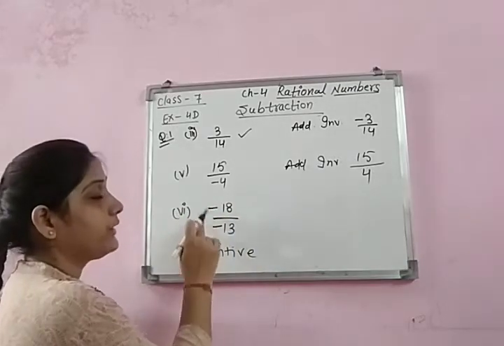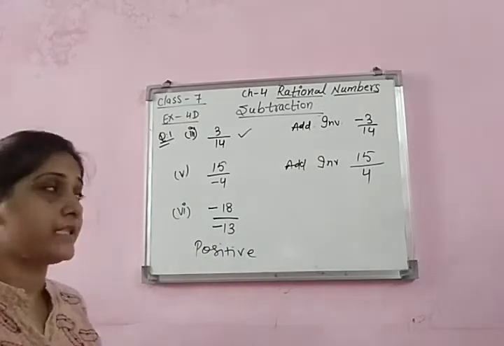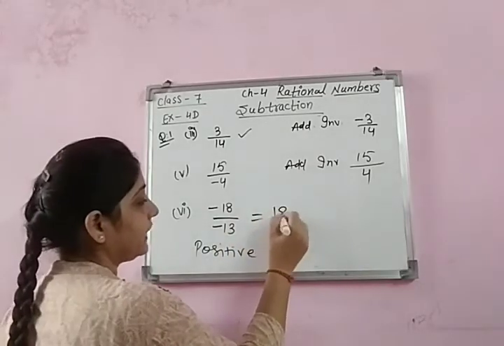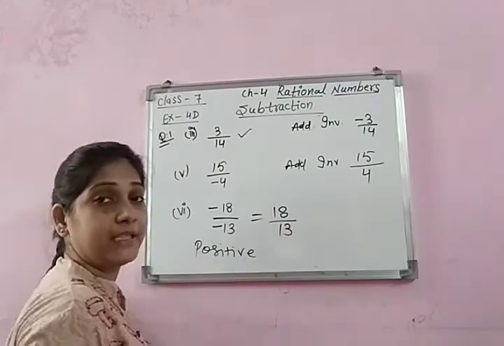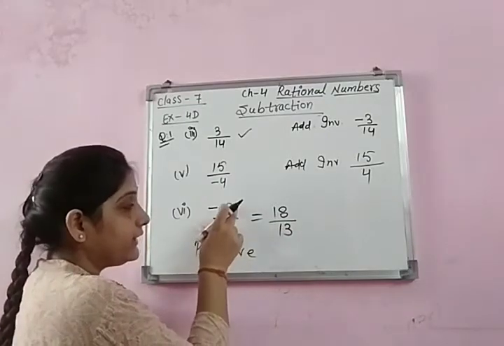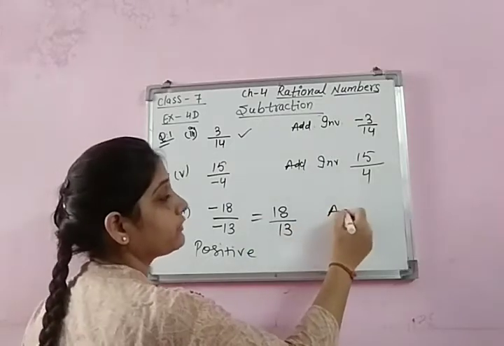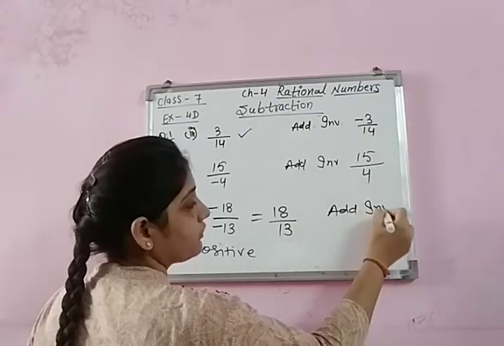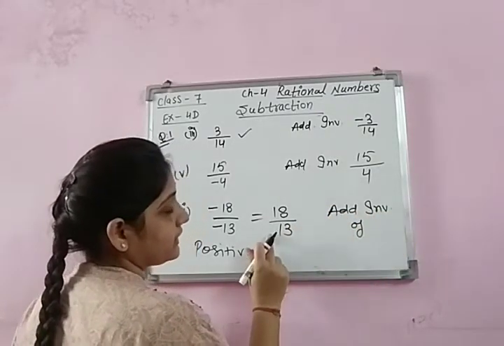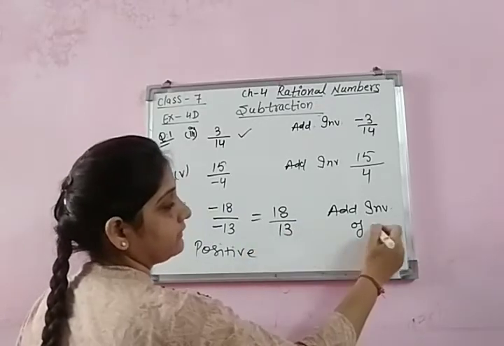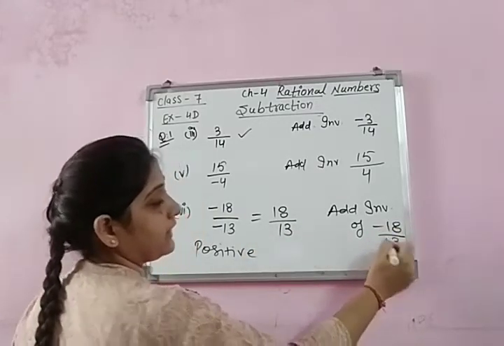When we divide two negative numbers, it gives us a positive answer. So it can be written like this, 18 by 13. Now this is the simplified value. Now we are going to write the additive inverse. What is the additive inverse of 18 by 13? Yes, it is negative 18 by 13.